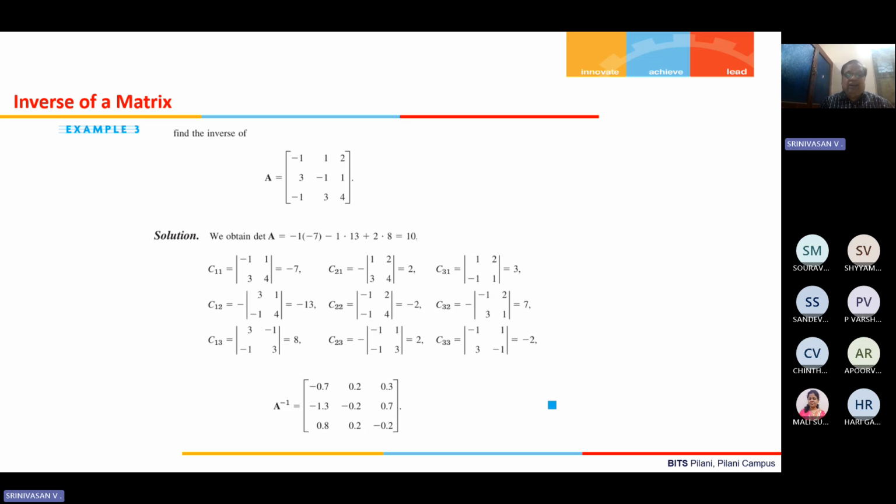But for a cofactor, the sign must precede the minor. That's why you have (-1) to the power j plus k. That sign is nothing but the positional sign of the element for which you are finding the cofactor. So here, you are finding the cofactor of -1, whose positional sign is plus.